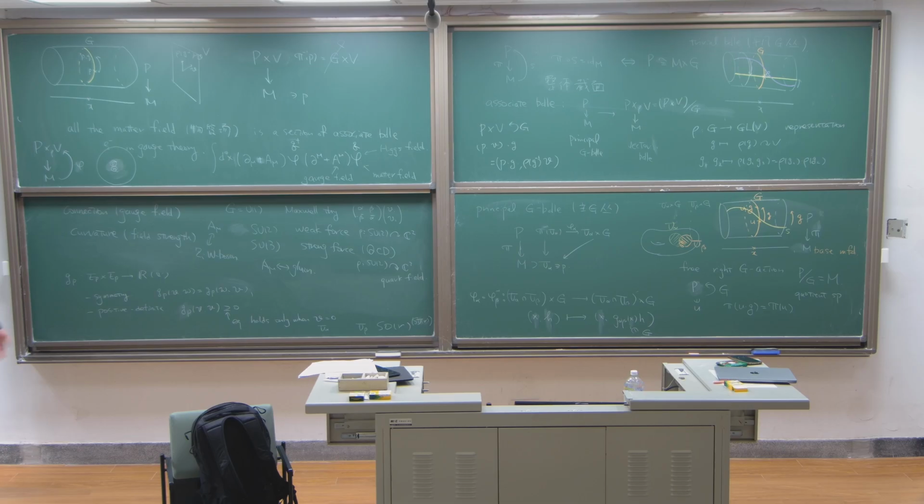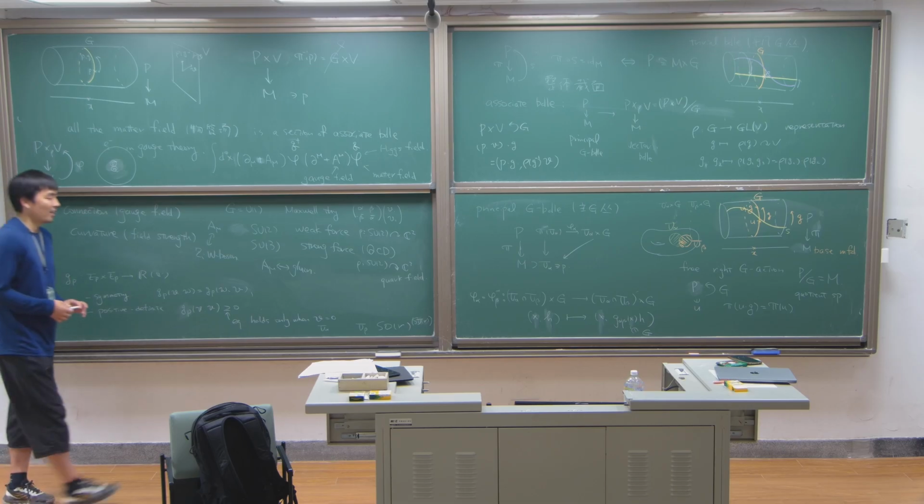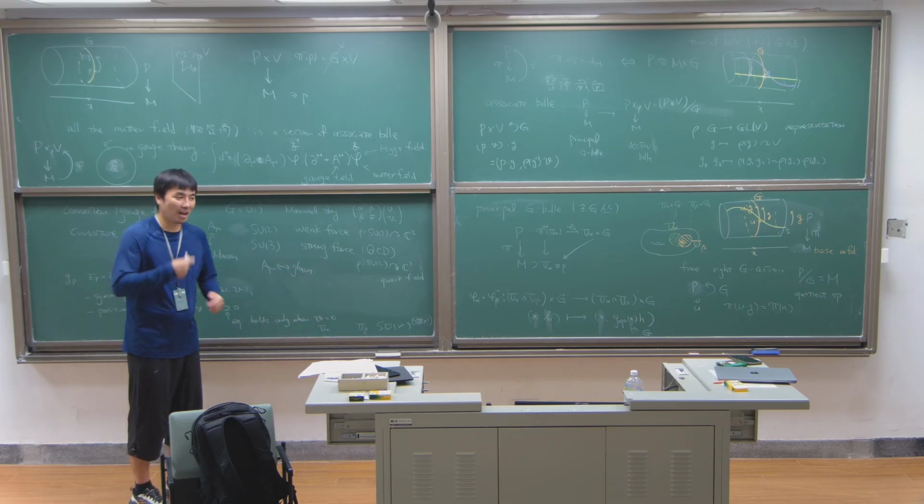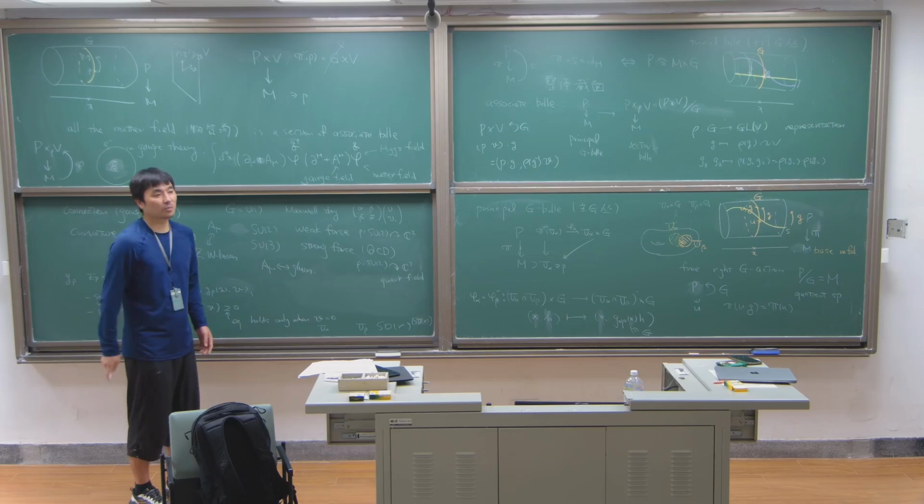This proton or neutron is made out of quarks. Because of the strong force, you have to take a singlet, which means the color needs to be white.